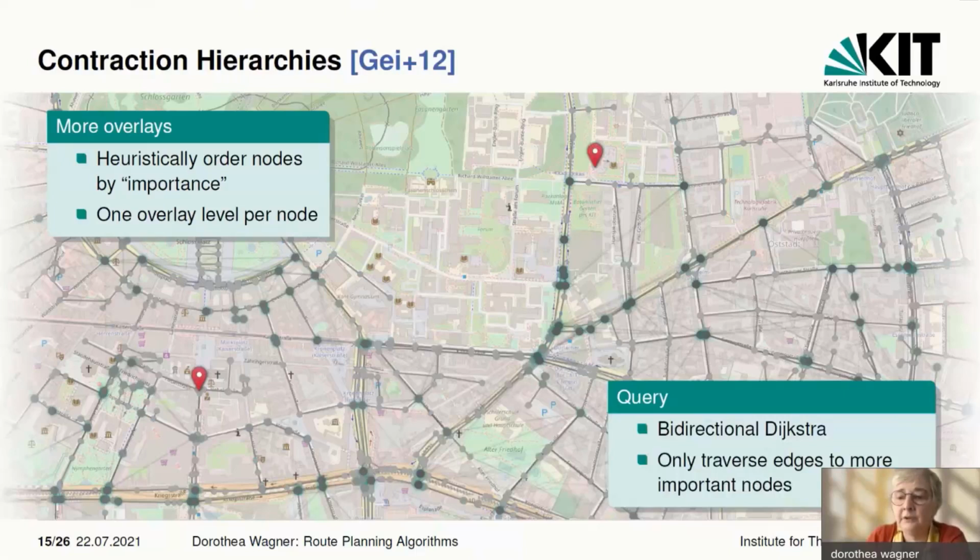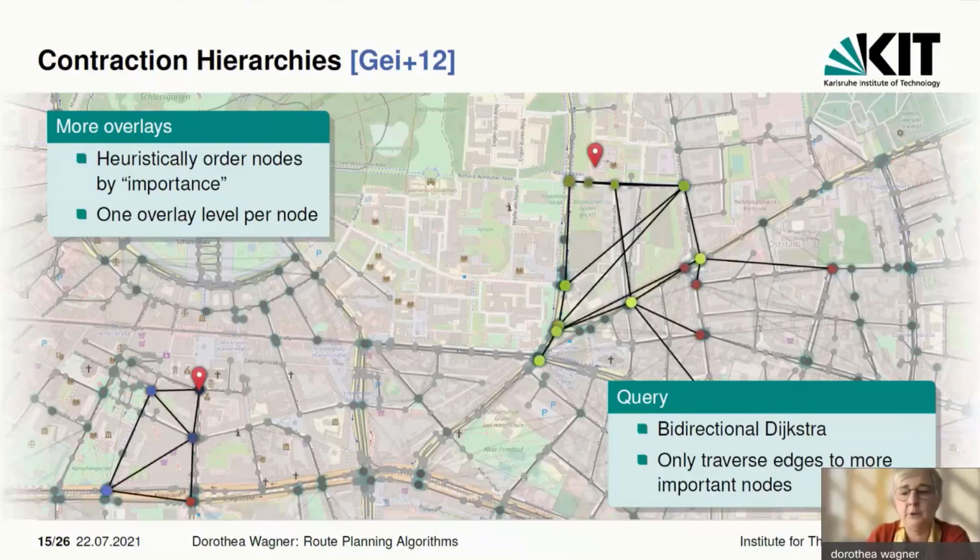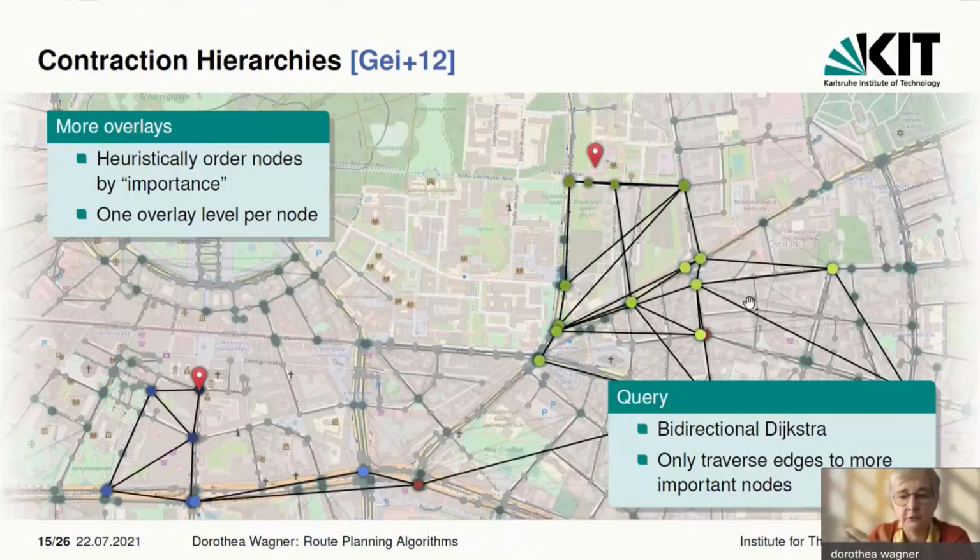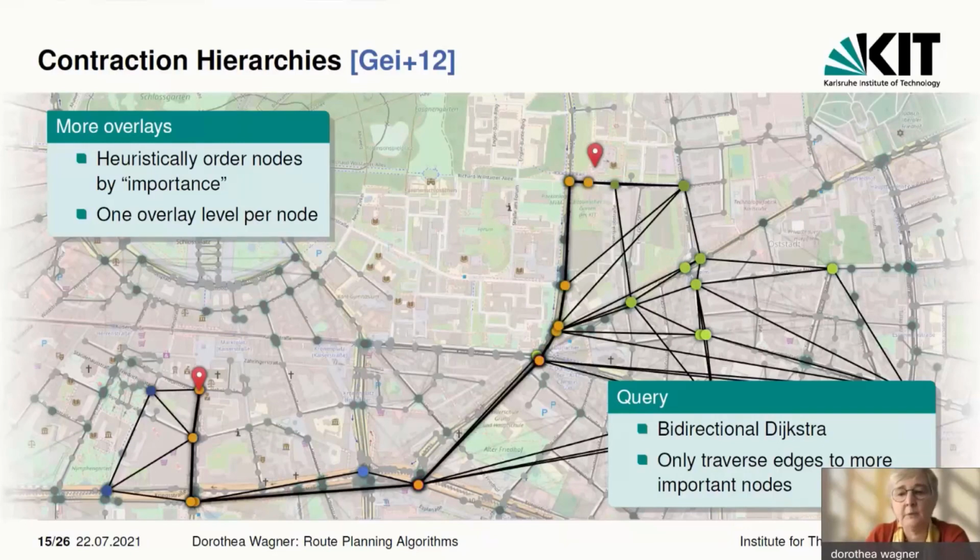Only traverse edges to more important nodes within this search, which means we get a more efficient search space than in the original graph if we use this contracted graph. So here, this bidirectional Dijkstra in the overlay induced by contraction hierarchy would look like this. So the search space is much smaller than the original Dijkstra search.